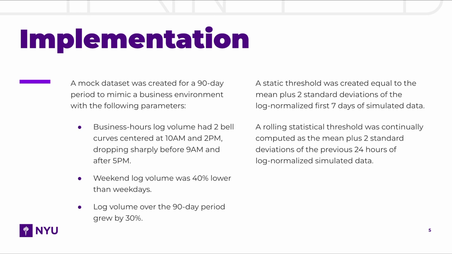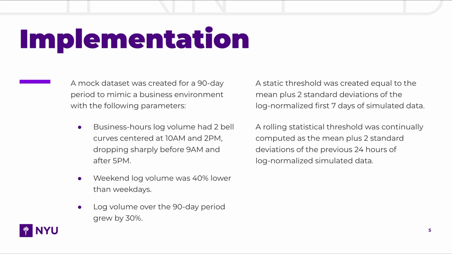This symbolizes that the systems are still running, still operational, still generating logs, but you might not have active humans on keyboard, active people logging in, things like that. And the most critical one, in my opinion, is that over this 90-day period of mimicked data, the log volume grows by 30%.